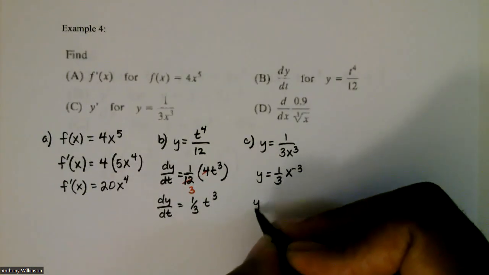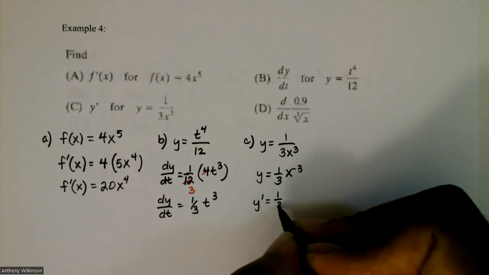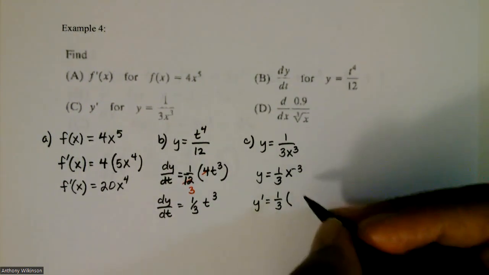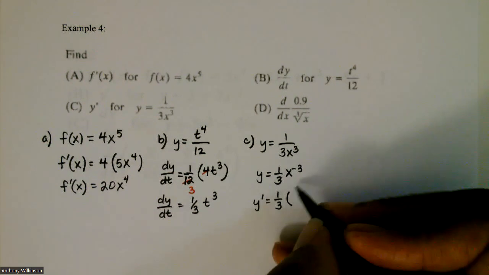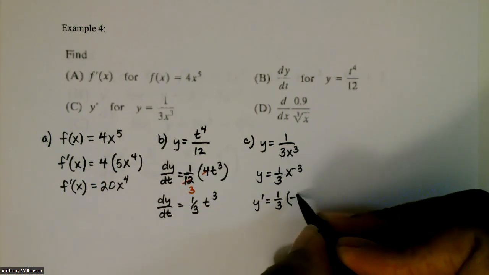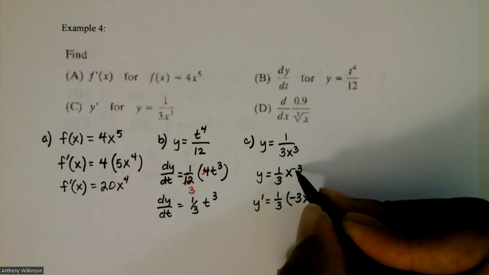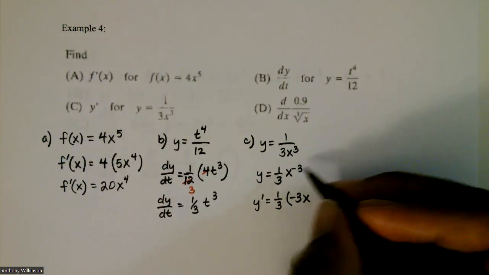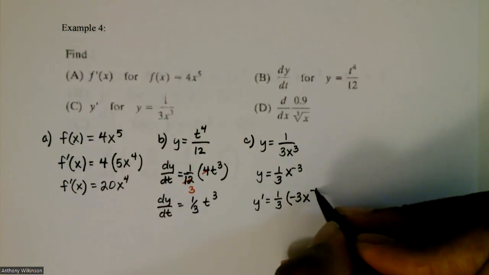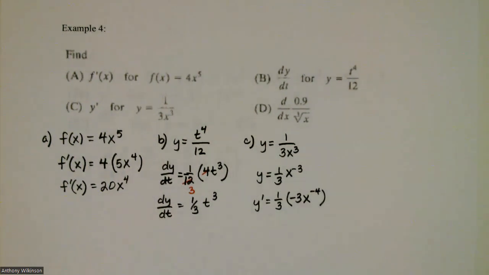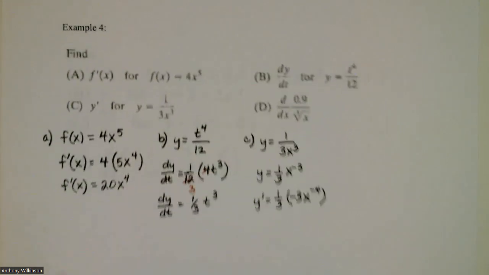So here y prime would be this. I'll bring down the 1/3. Take the derivative of x to the negative 3 by bringing down the exponent of negative 3. Copy that x over to the negative 3 minus 1. Think about this. Negative 3 minus 1 would be negative 4. And then simplify this.